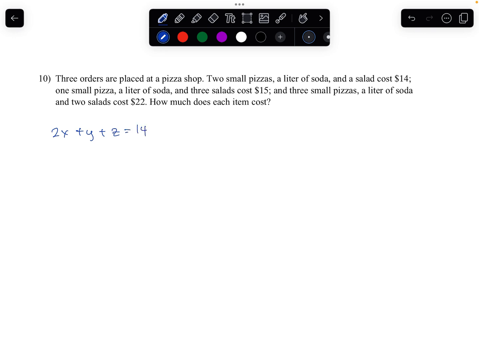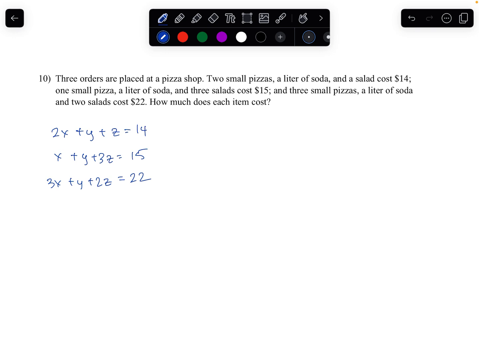The next order was 1x plus a liter of soda plus 3 salads is equal to 15. And then 3 small pizzas, so 3x plus y plus 2z is equal to 22. Okay. Did I have that all good?